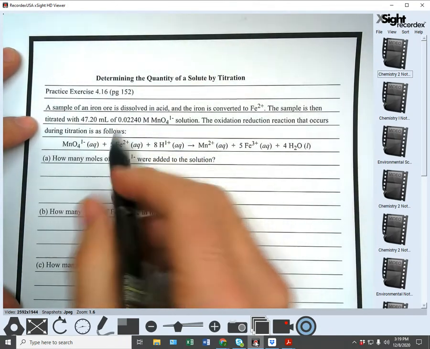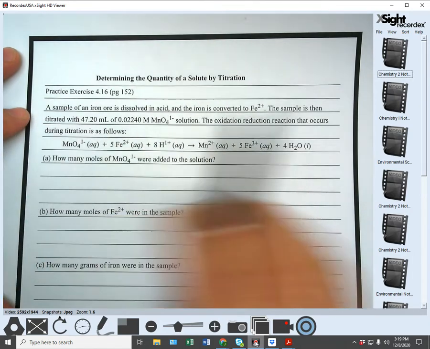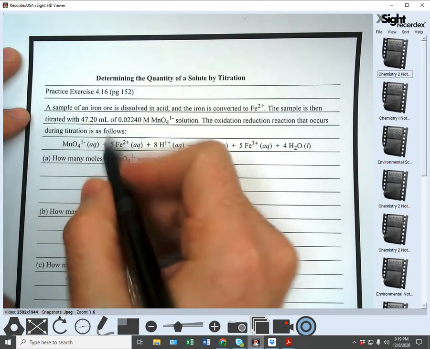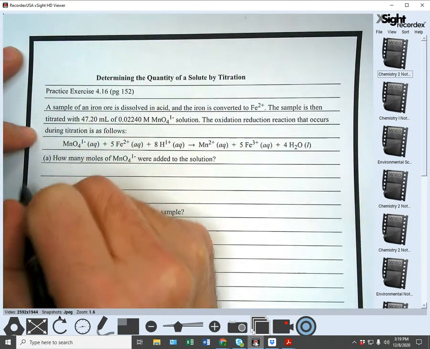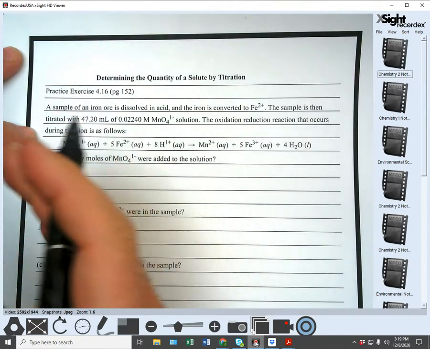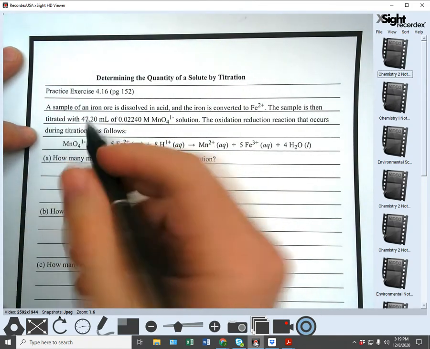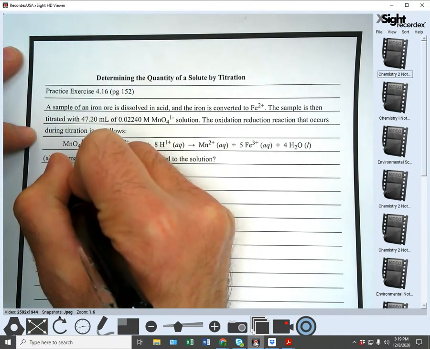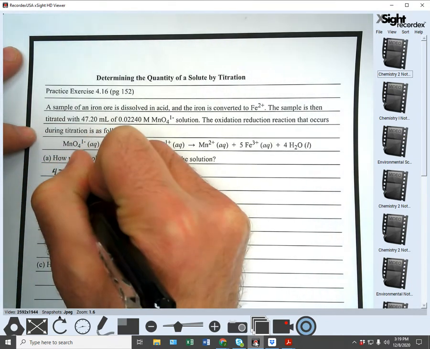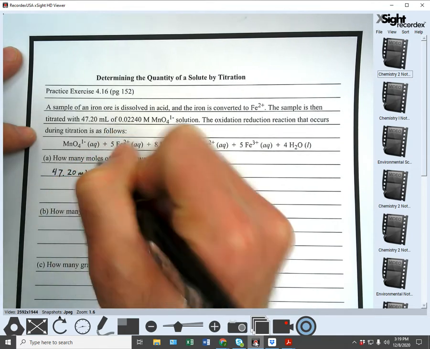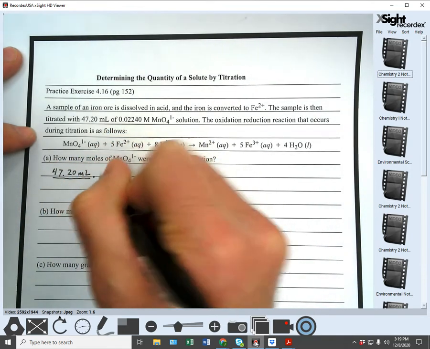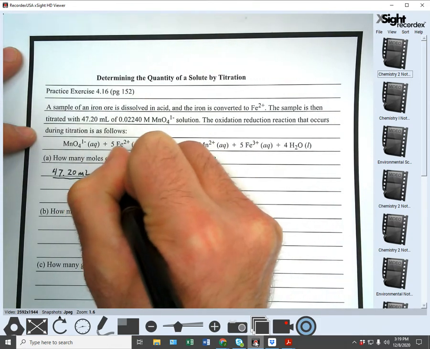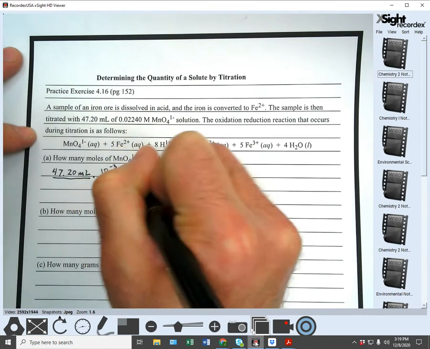Okay, so all I'm going to do is a stoichiometry conversion. I'm going to start with the 47.20 milliliters. Some of this you can do in your head, or you can turn milliliters to liters in your head. I'm going to show it here, milliliters to liters.